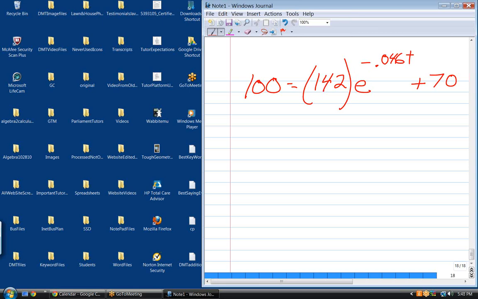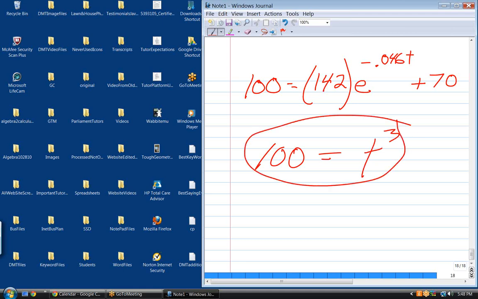Because of the variables? Because the only variable, this isn't a variable, that's the number e, okay? The only variable is t, and it's in the exponent. That's what makes it an exponential equation, and that's all. In other words, if I say 100 equals t cubed, that's an algebraic expression, not an exponential one.